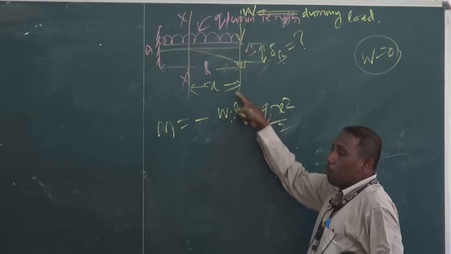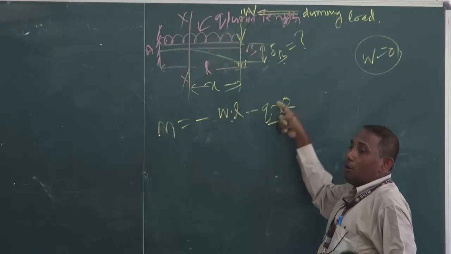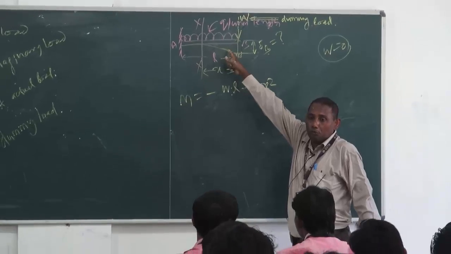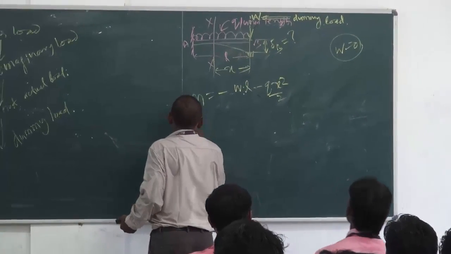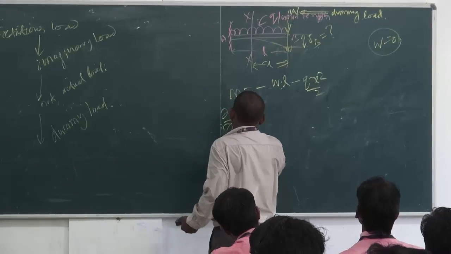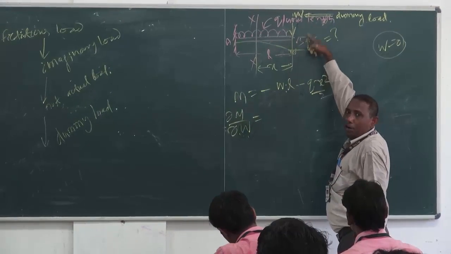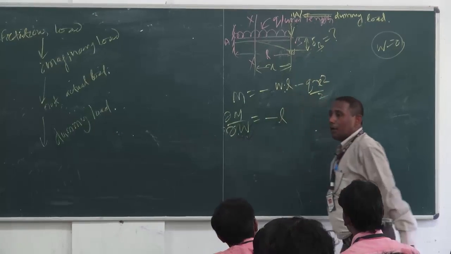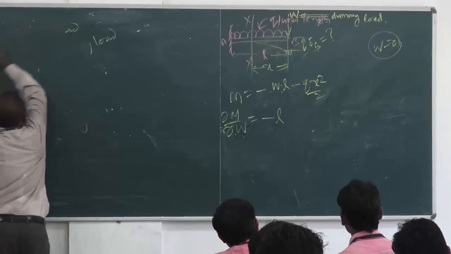The first term is the moment produced due to the point load, force into distance, and the second is the negative moment produced due to the applied UDL q. And then dou M by dou W, because we require the deflection at point B and the point load is W, is nothing but minus L only, and all other quantities are simply constants.